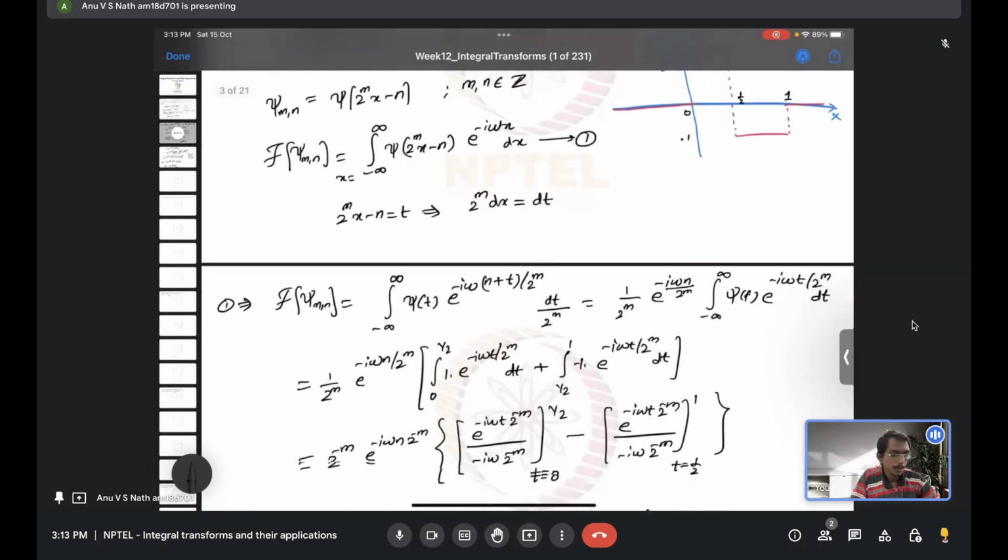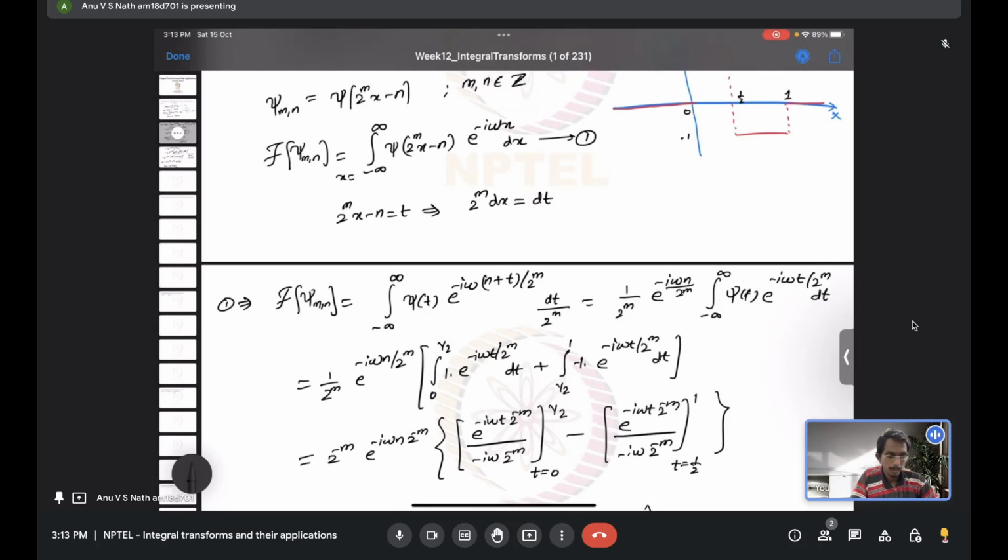So we are using the basic definition of the Fourier transform, and because a function in the discretized form has some variables which are like multiplication and translation, we are scaling those factors out basically by substitution. 2 raised to m into x minus n, we are substituting as t. Even without substitution we can do it, but we have to take care of the limits, so that's why we did the substitution, so it is automatically taking care of the limits of the function.